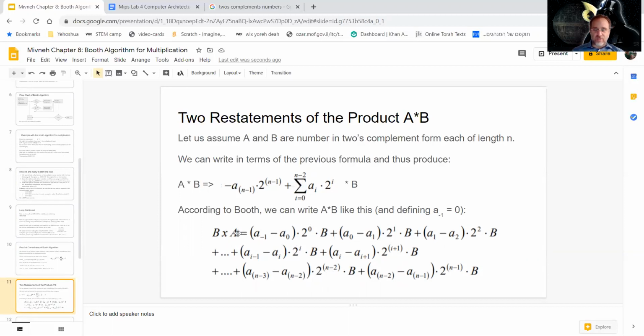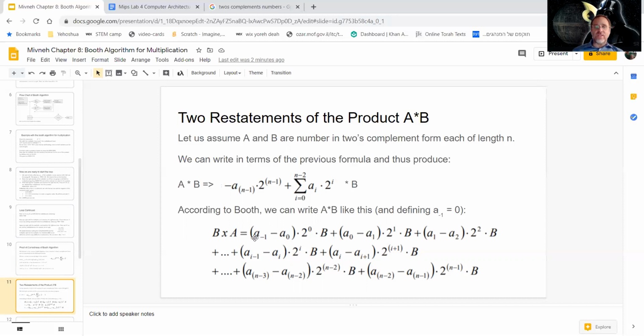So let's go slowly. So why is this Booth? That's the real question. This is Booth. Well, notice that I did B times A, where let's assume that, I don't know why we switched the order, but that's the way he did it. B is, I don't know, I'm trying to remember if it's the multiplicand or the multiplier, but it's one of the numbers.